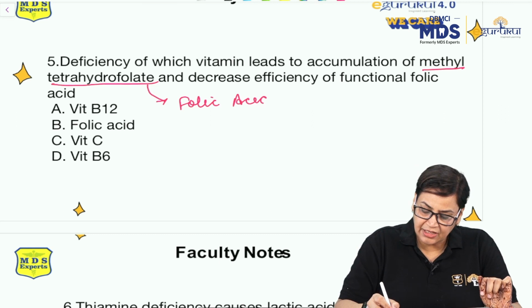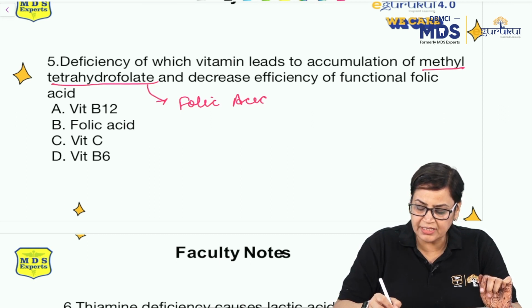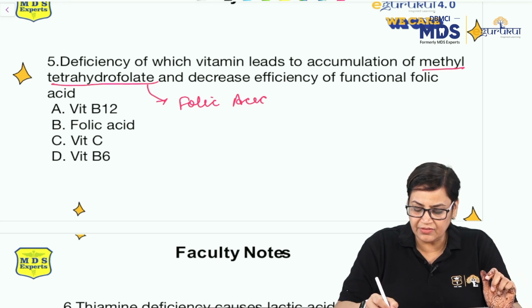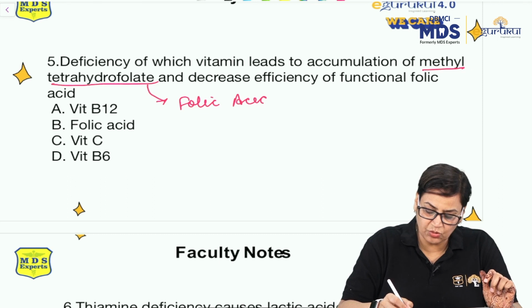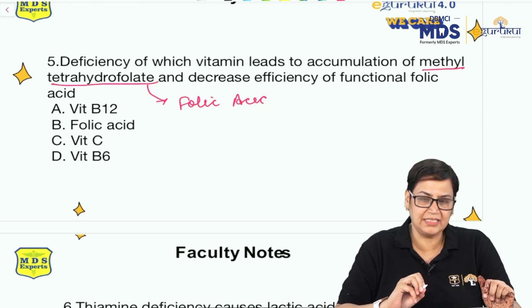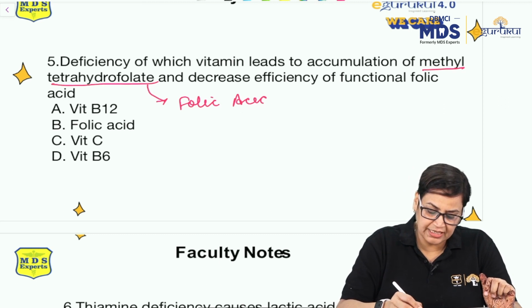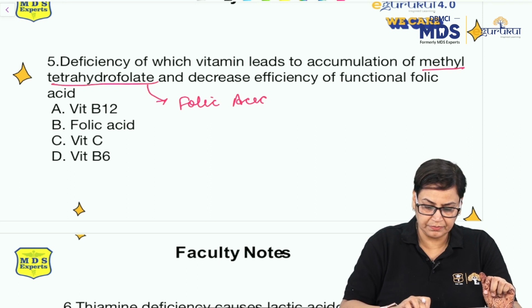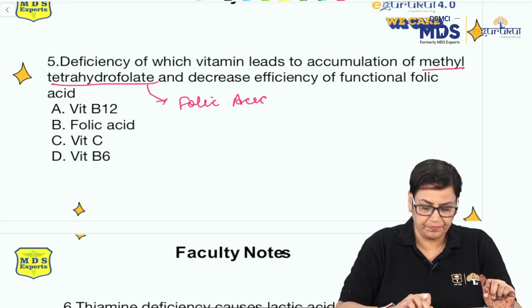This S-adenosyl homocysteine then gives away this adenosyl group, because now its function is over, and it will be converted into homocysteine. Now here lies the main concept: this homocysteine needs to be converted into methionine.